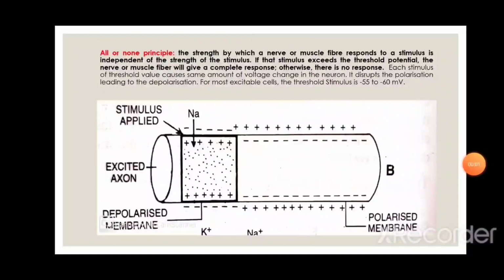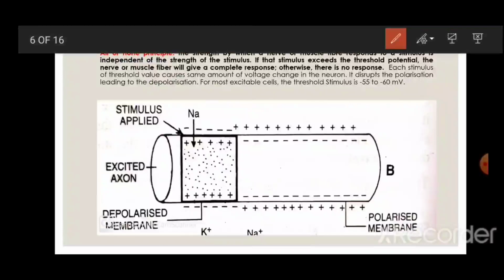All or none principle. The strength by which a nerve or muscle fiber responds to a stimulus is independent of the strength of the stimulus. It means that no matter how much stimulus we give, if it is not of the threshold value, then the muscle or the nerve fiber won't respond.